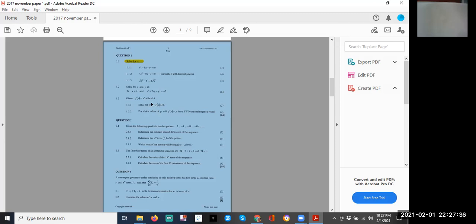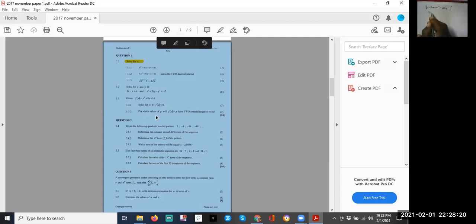You are given that you have f of x equal to x squared plus 2xy minus y squared. No. I'm doing the wrong one. Oh my God. I copied the wrong one.